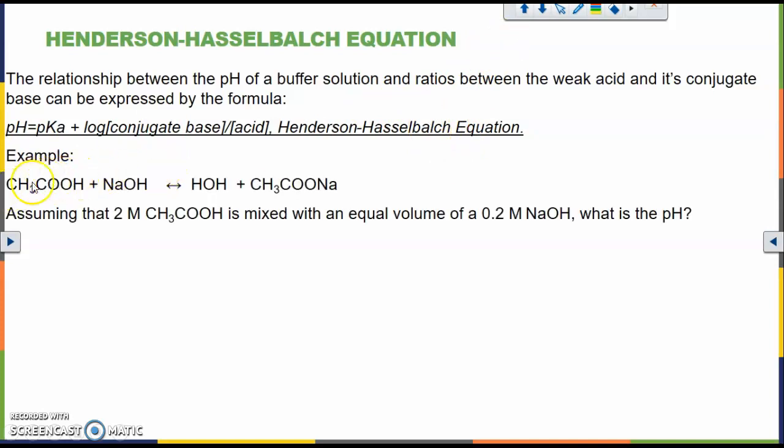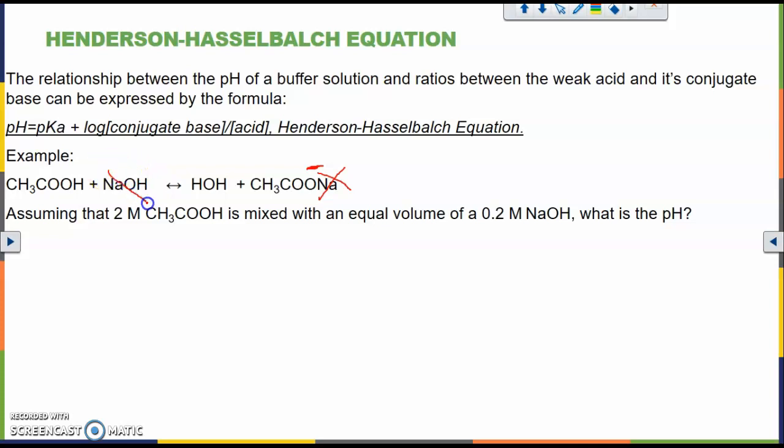We are going to beat this to death, hopefully not too much. Acetic acid, you add sodium hydroxide, and you have water plus the conjugate base, sodium acetate. Please note that in previous examples the sodium was not shown and all you saw was the negative O minus. That's the same.